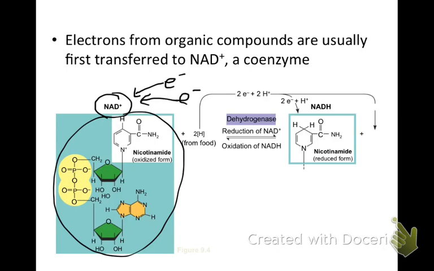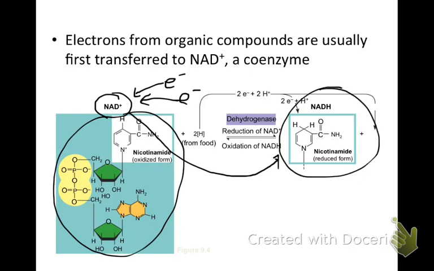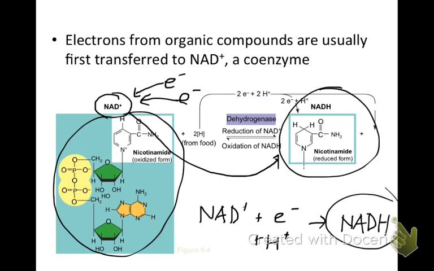It holds these electrons, and when NAD+ takes electrons, it becomes something called NADH. A shorter way to see this is NAD+ plus electrons, and with the electrons come some hydrogens, makes NADH.